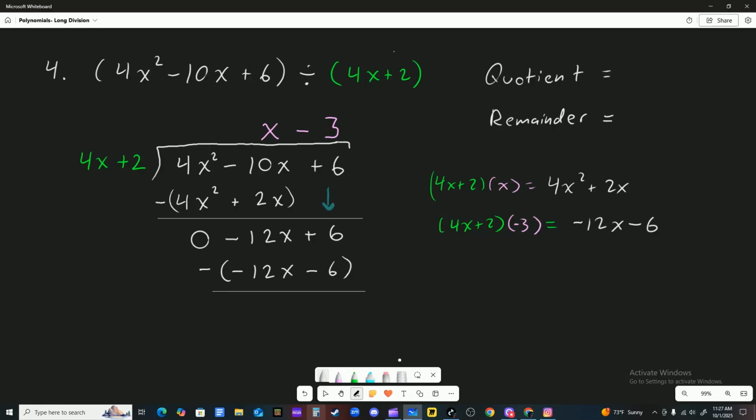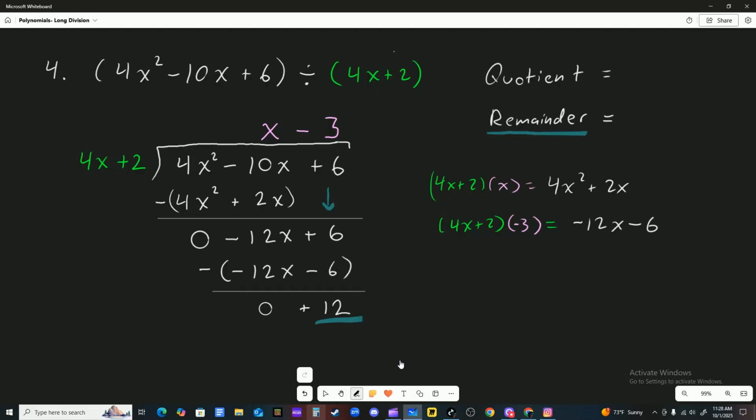All right. Negative 12x minus a negative 12x is 0. 6 minus a negative 6 is positive 12. Just like that. And this is our remainder. We don't have anything else to drop down, so this becomes our remainder.